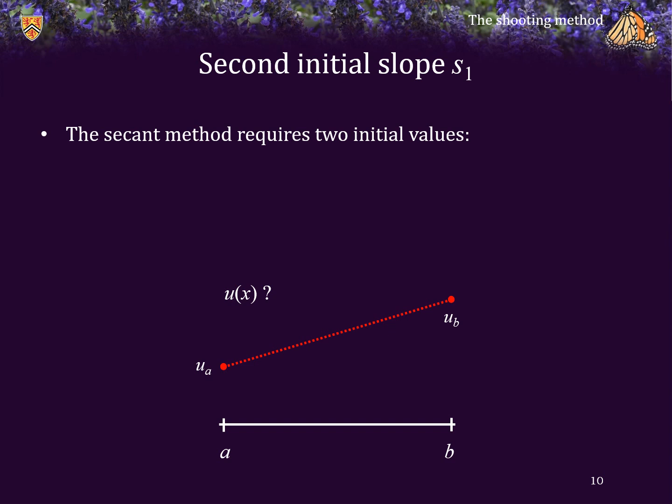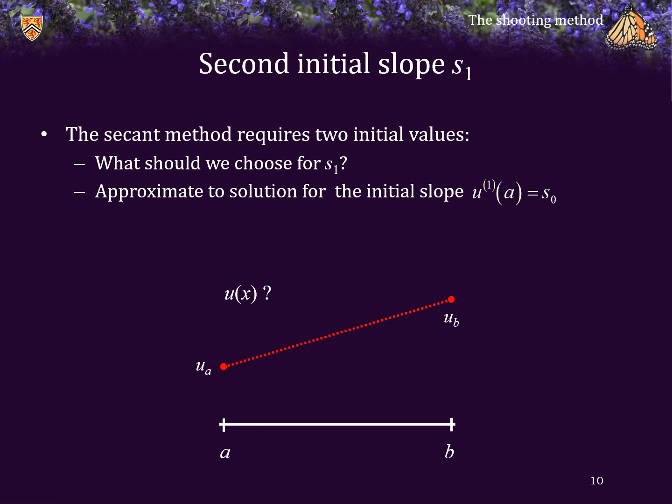Now the secant method, however, requires two initial values. So the first initial value should be the slope between those 2 points. What do we choose for the second initial value? Well, let's approximate the solution for the initial value problem with the initial slope we see here. Now, that's probably not going to end up equaling u sub b when x equals b.